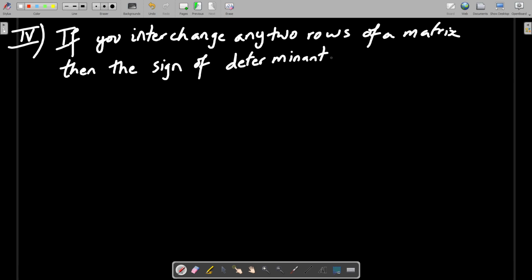Basically, if it was plus before, it will come minus. If it was minus, it will come plus. Let us see this with an example.